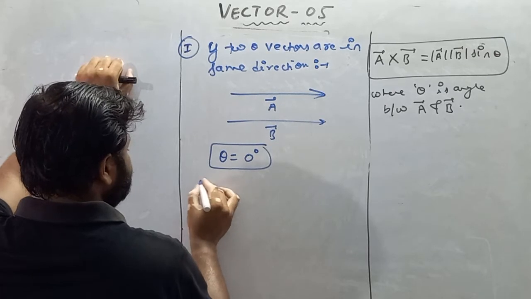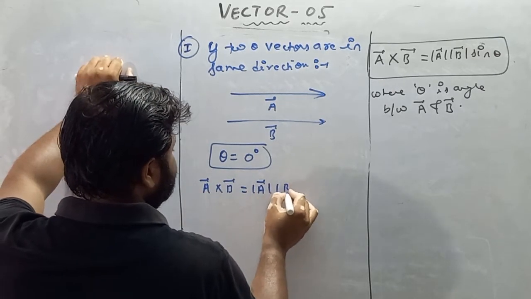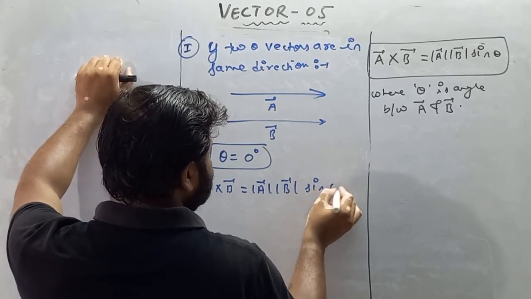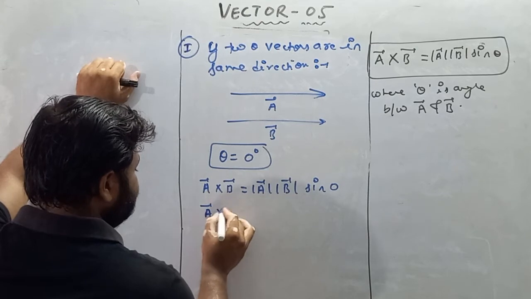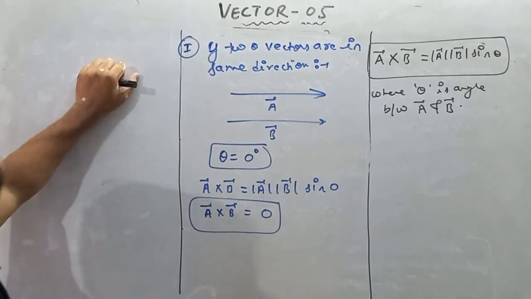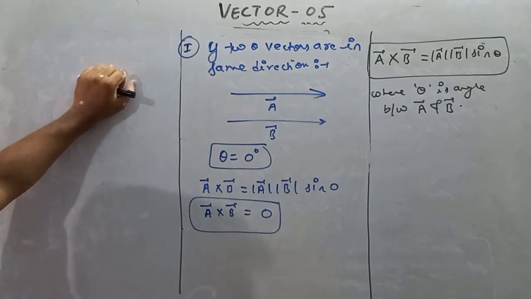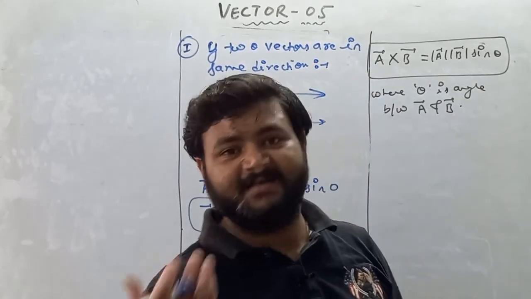So A vector cross B vector is equal to the magnitude of A vector, the magnitude of B vector, and sine 0. So sine 0 is, my dear students, 0. So A cross B is 0. It is very important. Sine 90 is 1, but sine 0 is 0.